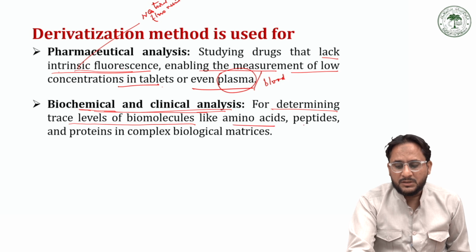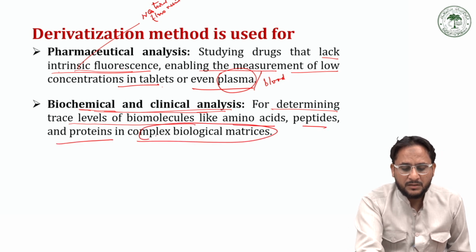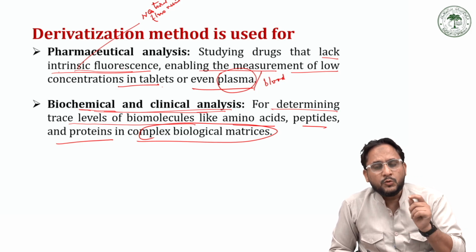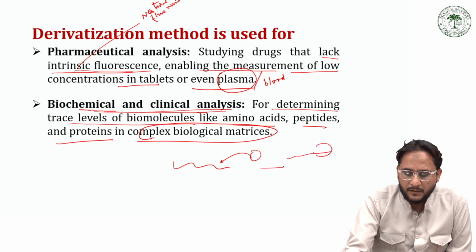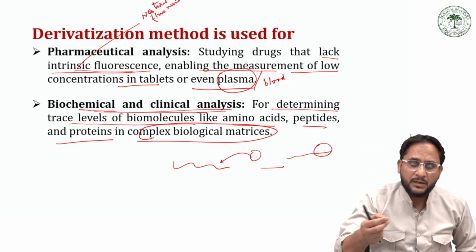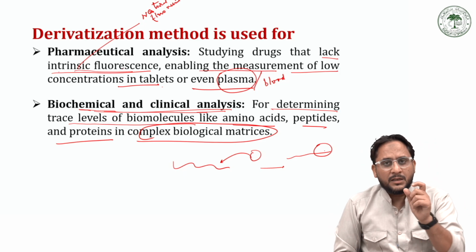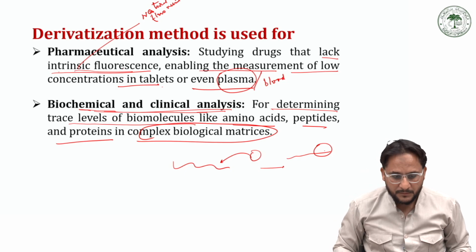Molecules like amino acids, peptides, and proteins, even in a complex biological matrix inside the body, can be detected by adding some fluorescent dyes to those proteins, which will go and attach to a specific site of that protein or peptide, so that that particular point can be studied with the help of this fluorescent method.